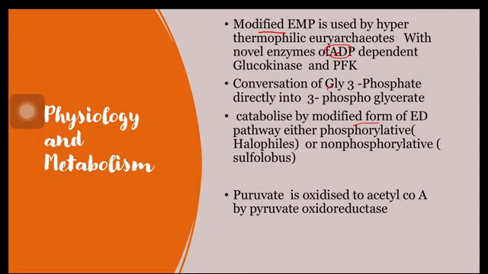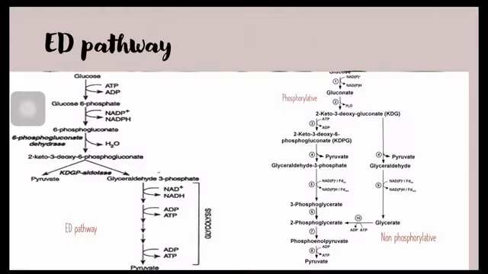The two variations of the ED pathway are the phosphorylative ED pathway, observed in the halophiles, and the non-phosphorylative ED pathway, observed in Sulfolobus.